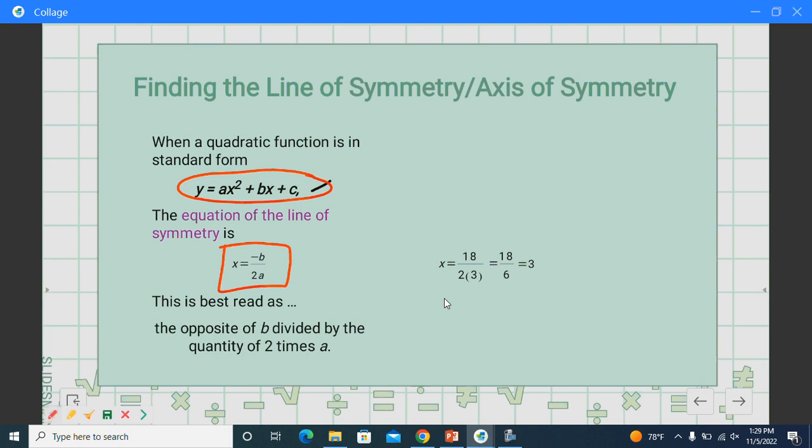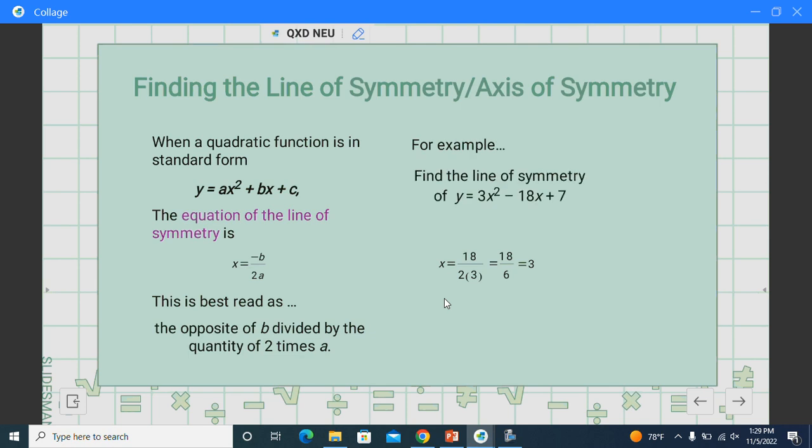So let's have an example. Say, for example, find the line of symmetry of y is equal to 3x squared minus 18x plus 7.